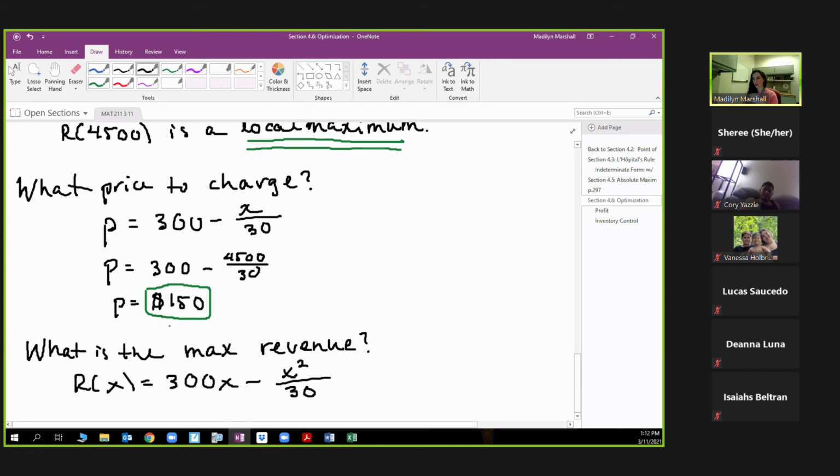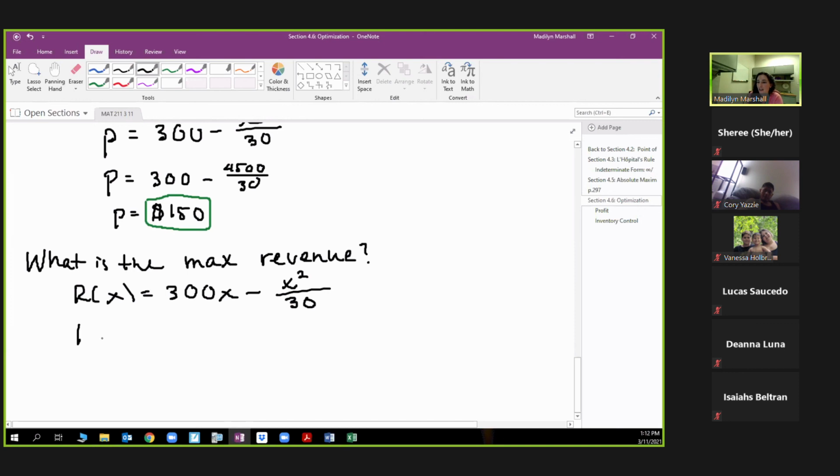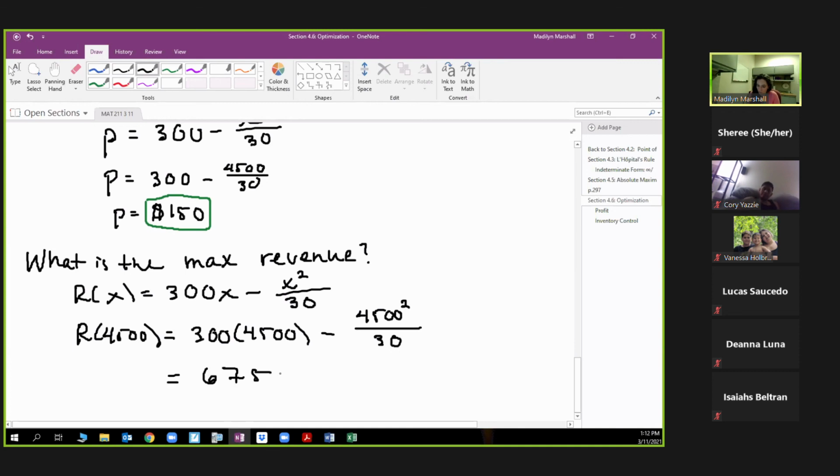We plug in 4,500 because that is the number of paper shredders we found that will give the maximum revenue. Which is $675 million.